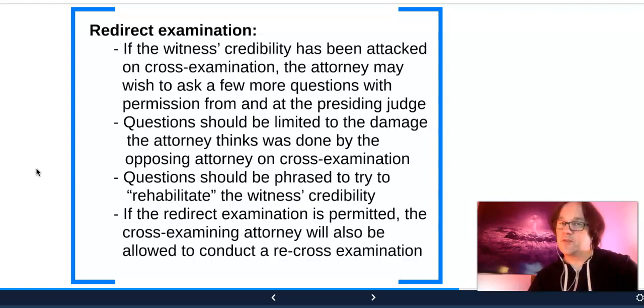So the type of questions that you ask, though, should be phrased to try to, again, rehabilitate or restore the witness's credibility. And if the redirect examination is permitted, then the cross-examining attorney will also be allowed to do a cross-examination.